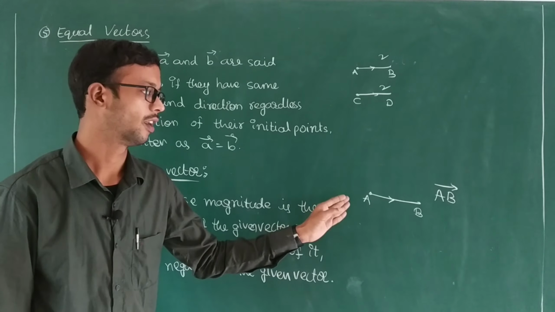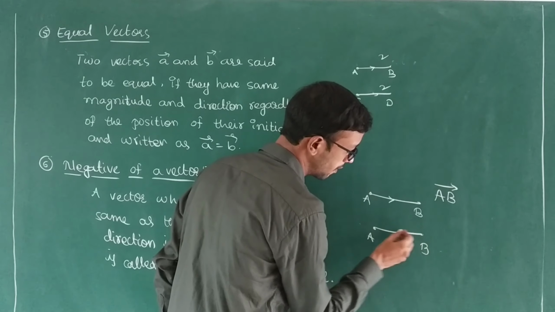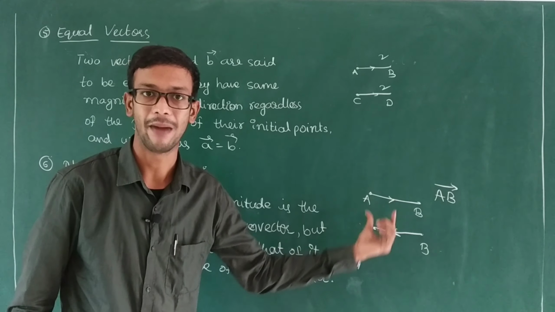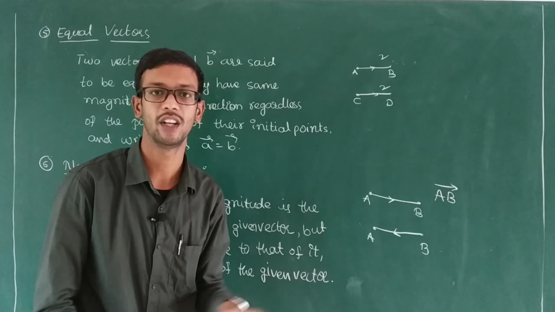Initial point is A, B is the terminal point. BA has the same magnitude as AB, but here the direction is opposite to the given vector.